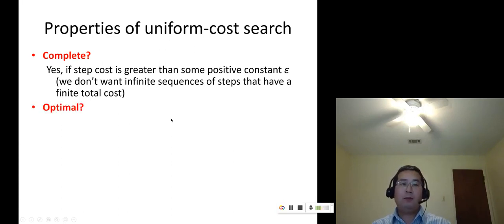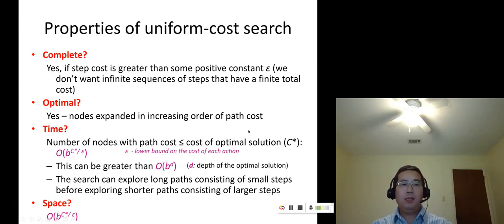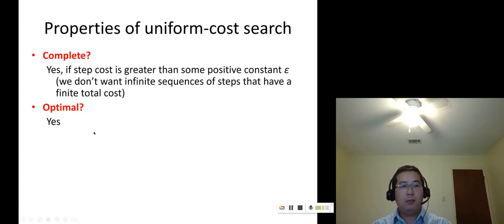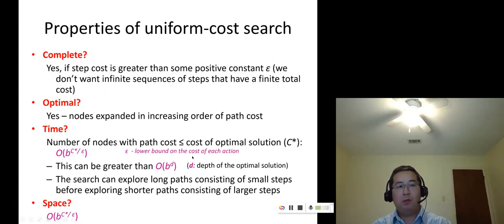Optimal: if you find a solution, will it be the best? Yes, of course, because of the property we mentioned. We always save the nodes with the shortest path along the path of the search, in the search tree. The next one is time and space; we put them together.